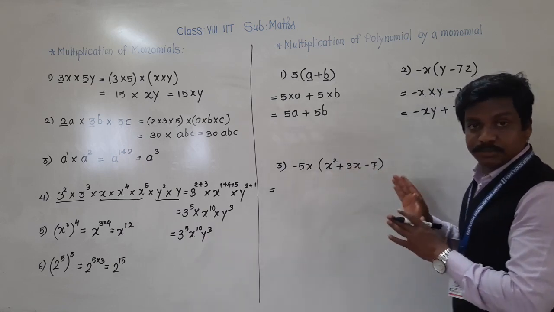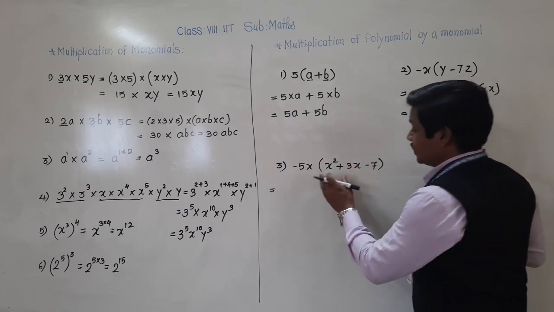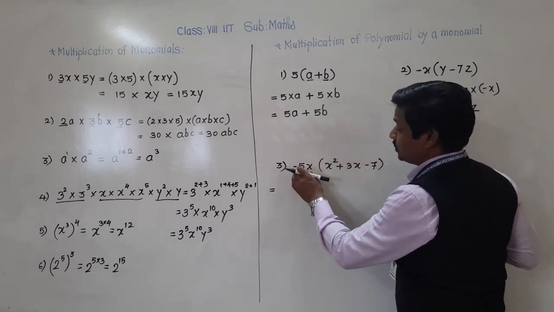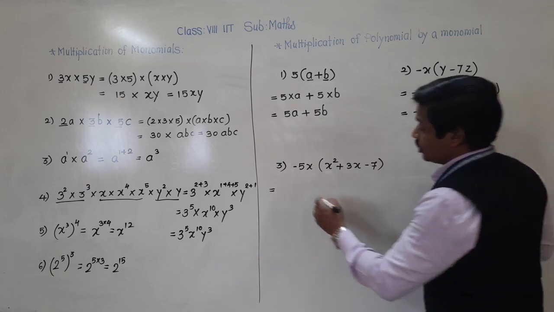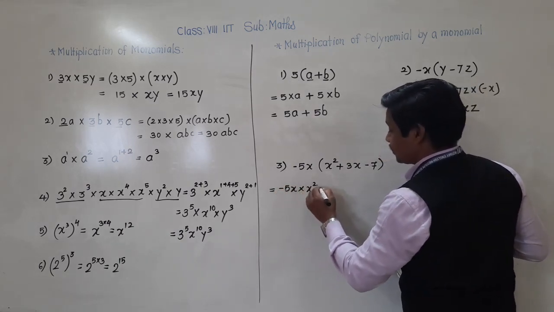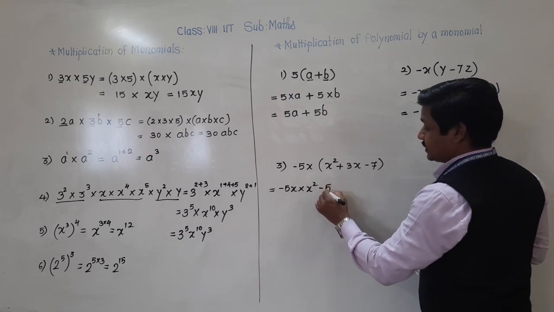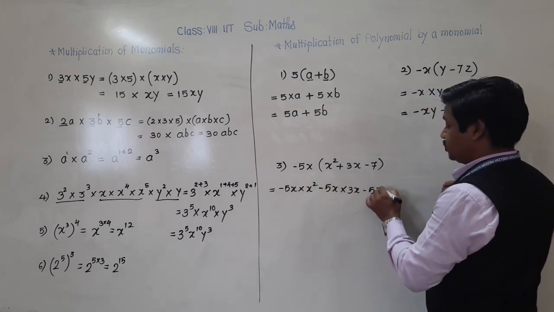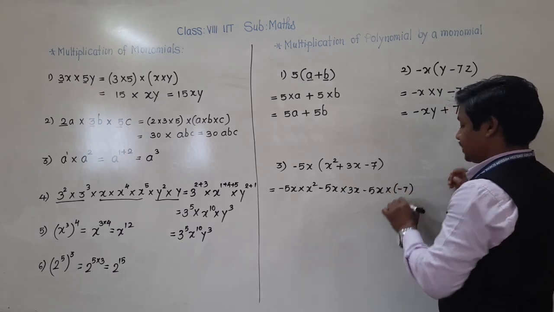Here they make the mistake. Don't do like this. Multiply all the 3 terms in the bracket by the monomial outside the bracket. So minus 5x into x square, minus 5x into 3x, minus 5x into minus 7.